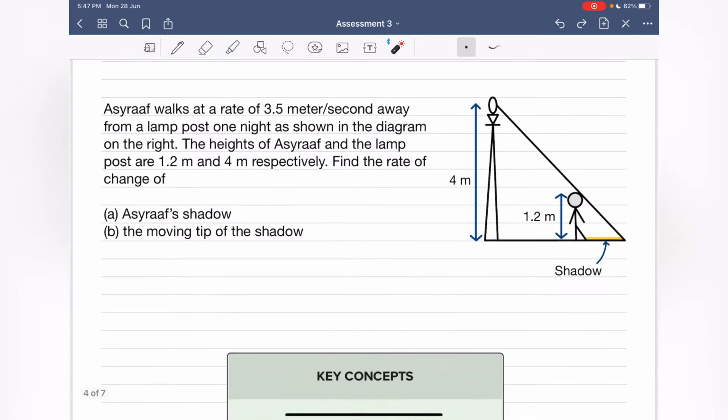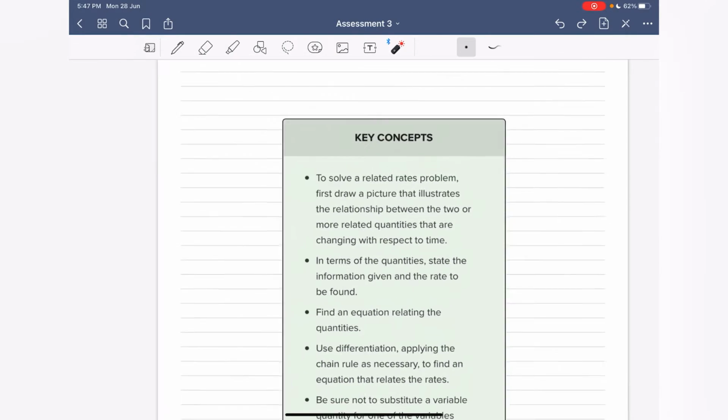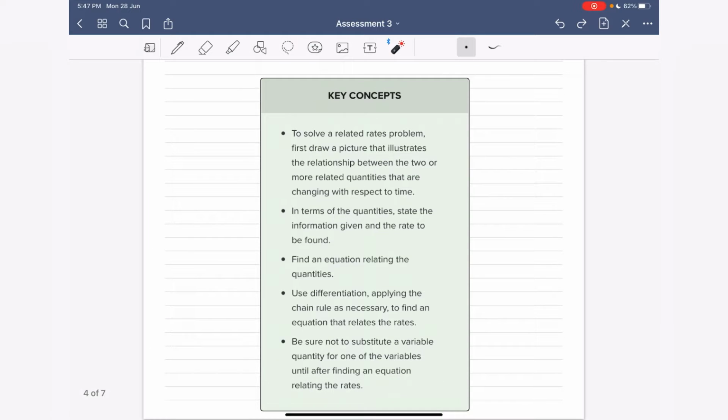Before that, we look at the key concept before solving the problem. The key concept to solve a related rates problem is: first, draw a picture that illustrates the relationship between the two or more related quantities that are changing with respect to time. In terms of the quantities, state the information given and the rate to be found.